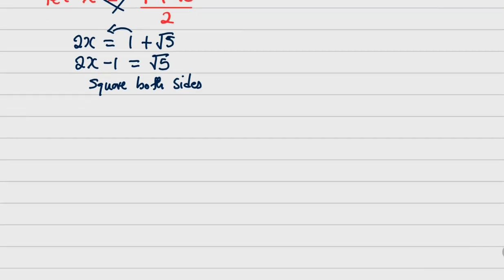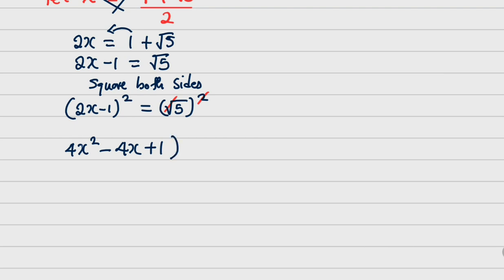If you square both sides, you are going to have (2x minus 1) all squared is equal to (root 5) all squared. And we know what happens. You see, this would go with this. So we are going to be left with, expanding 2x minus 1 squared, 4x squared, then minus 4x plus 1.